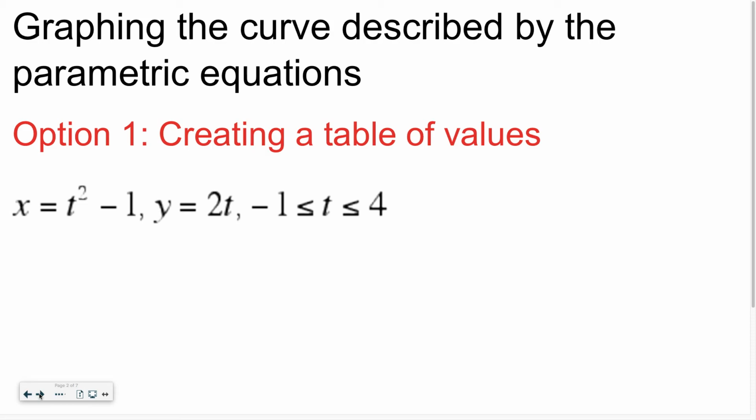There's two ways we can get a graph from a set of equations. One would be to create a table of values. This is how both me and Miss Crunky start out our notes when we teach this to our pre-calculus, which you experienced 2 years ago.